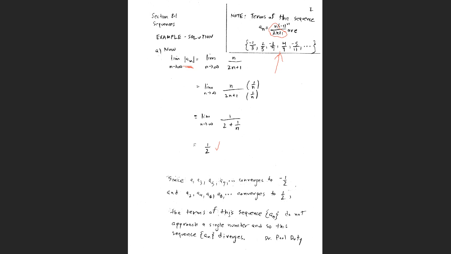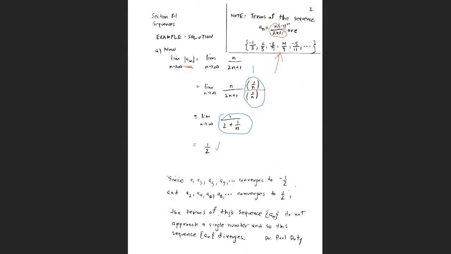With n over 2n plus 1, I can multiply by 1 over n over 1 over n, because that's equal to 1. I'm rewriting the sequence, but I'm not changing it. And when I do that, I get 1 over 2 plus 1 over n.